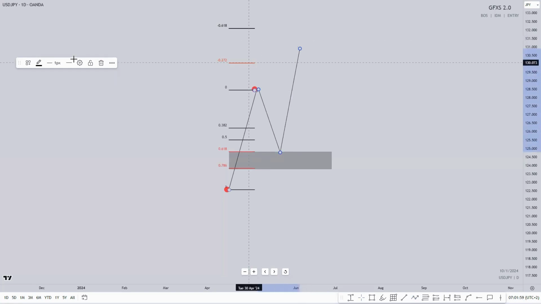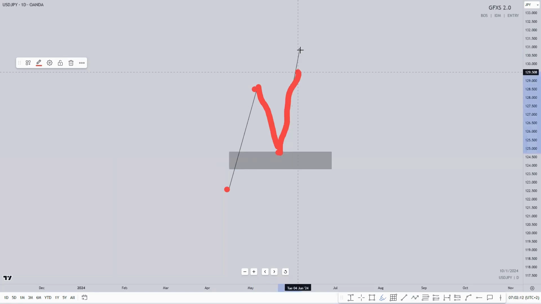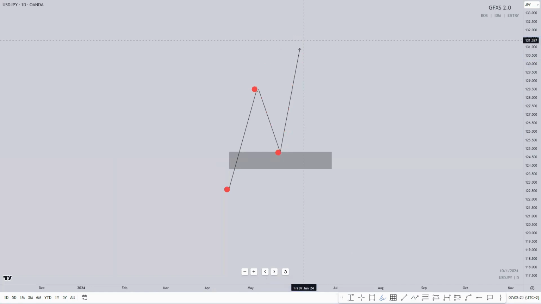So let me show you. You're going to mark from this low to this high to get the information of your next impulsive leg. It's going to give you a Fibonacci extended target, which will be your take profit. So let's use the Fibonacci tool again.